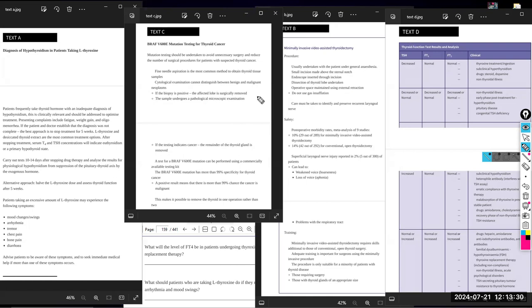Don't forget that in the final exam, the texts are not going to be arranged like text A, text C, text B, text D, for example. As I told you, maybe the answer of the first question is going to be in text D, and maybe the answer of the final question is going to be in text A. So please, the answers are not in order. Let me tell you what I mean, Joel, because this is really important.